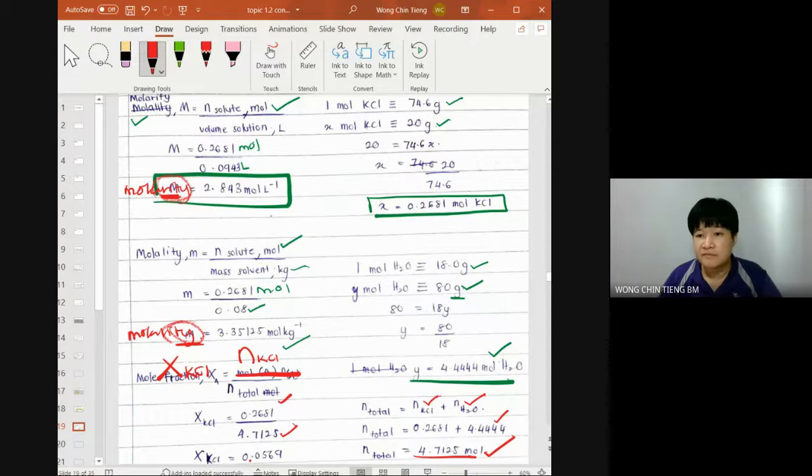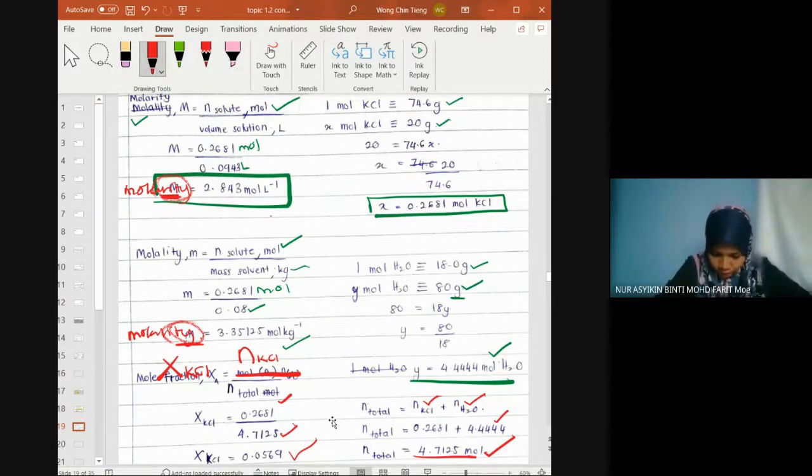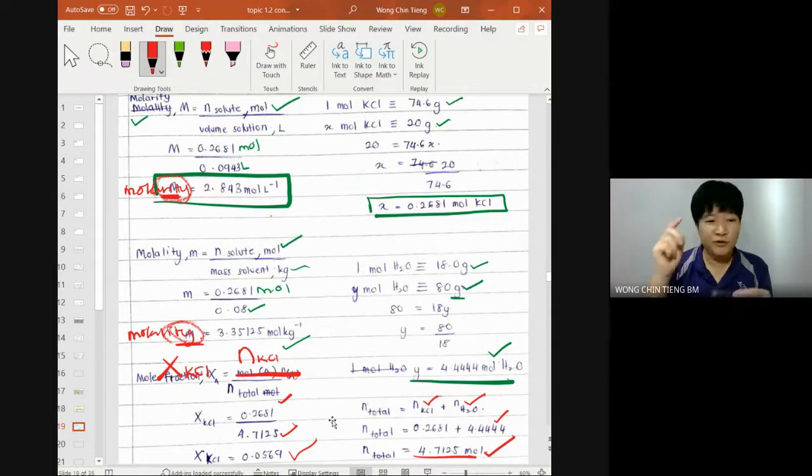Alright? Soalan kalau minta number of mole water. Shikin. Number of mole solvent. Mole fraction solvent. Dapat berapa? Mole fraction solvent. Set miss. Kalau soalan tanya, semua orang pun kira. 1 saat boleh dapat.